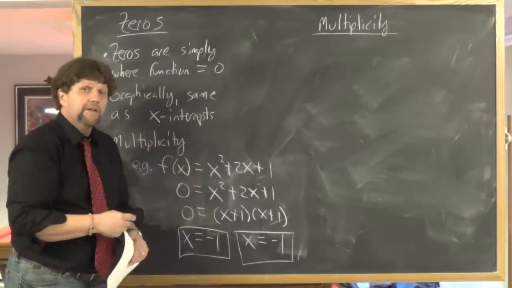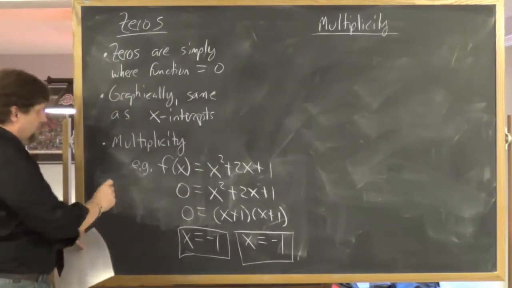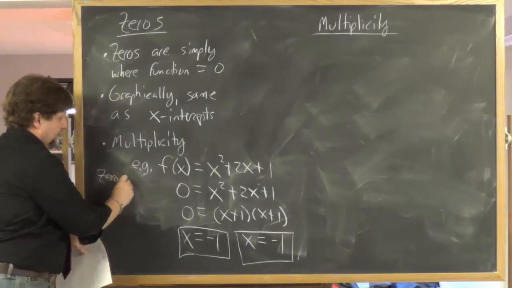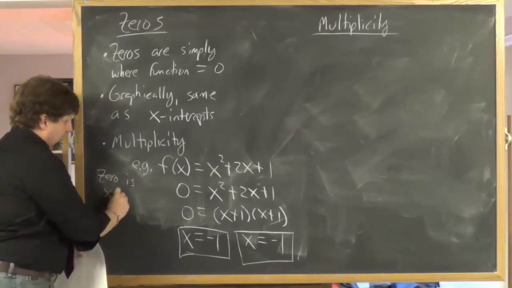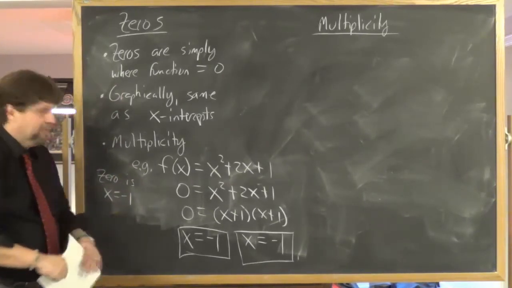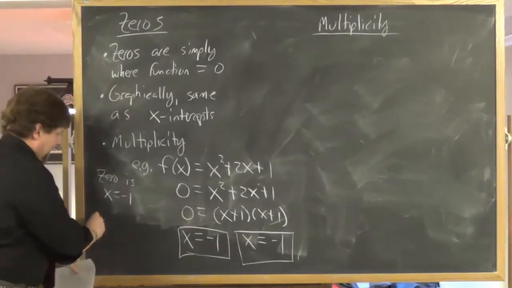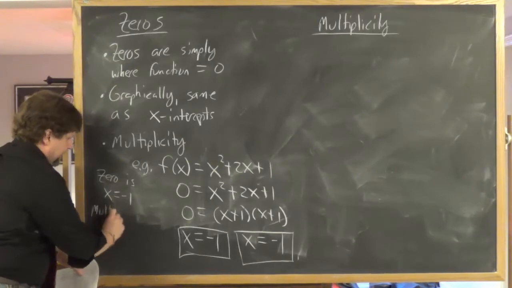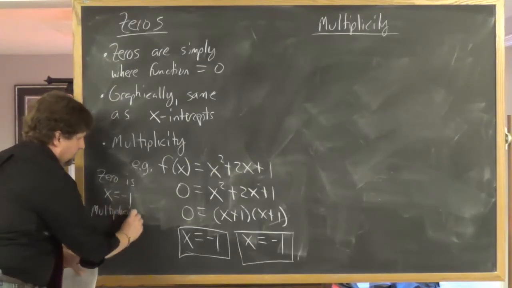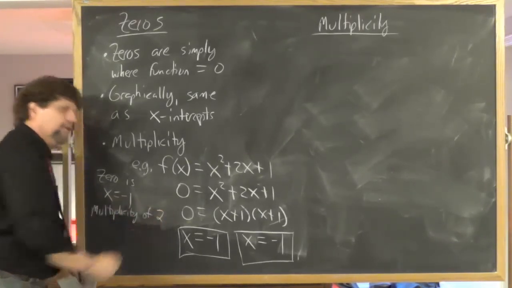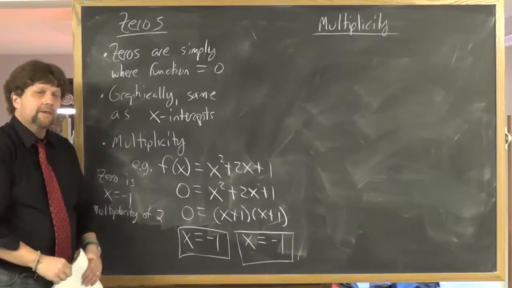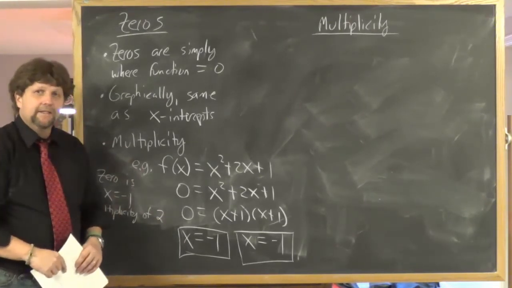So for this function, we would say the 0 is -1, and since it occurs 2 times, we would say it has multiplicity of 2, because it occurs 2 times. So that's what multiplicity is.